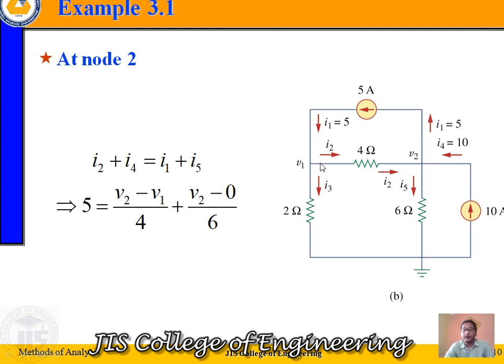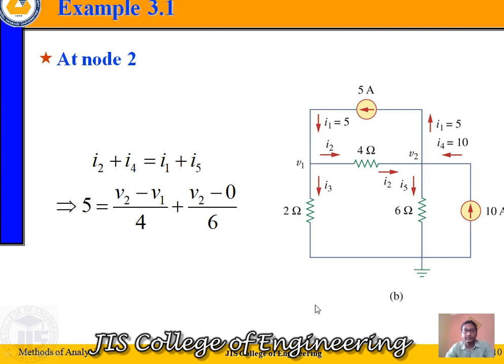So this minus sign is multiplied in, and that's why it's written as V2 minus V1 by 4. Otherwise, the actual value of I2 is V1 minus V2 by 4, and for I5, we know it is V2 minus 0 divided by 6.